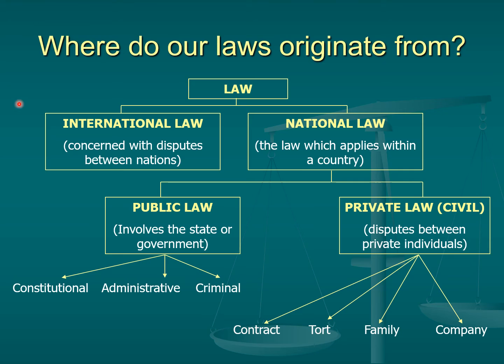So let's start by considering where our laws actually originate from and what different types of law that we have. This particular diagram here hopefully will be helpful to you because it shows some of the different types of law that you study on A-level law and shows you how those types of law fit in to the bigger picture.